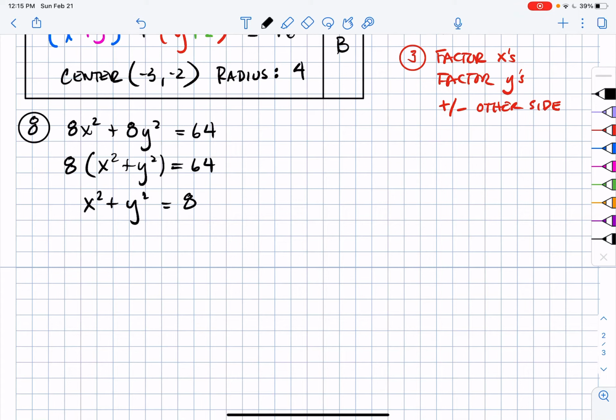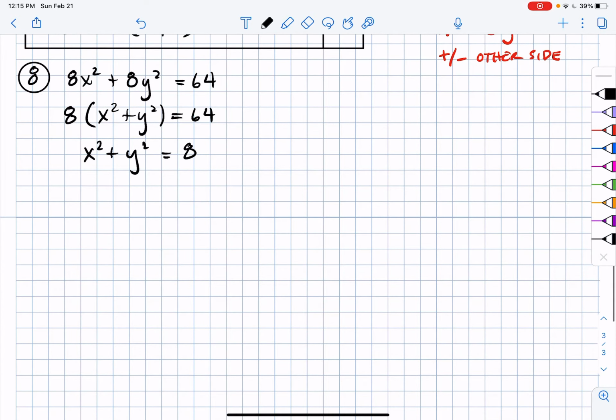All right? So, what does that mean? Well, what kind of h did I subtract x by to get x squared? It'd be 0. What did I subtract the y by to get just y squared, which is also 0? So, in other words, I'll put it this way. This x squared right here would be x minus h squared, so this would be x minus 0 squared to get me x squared.